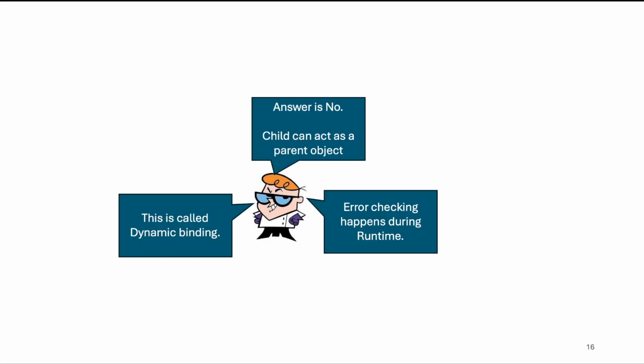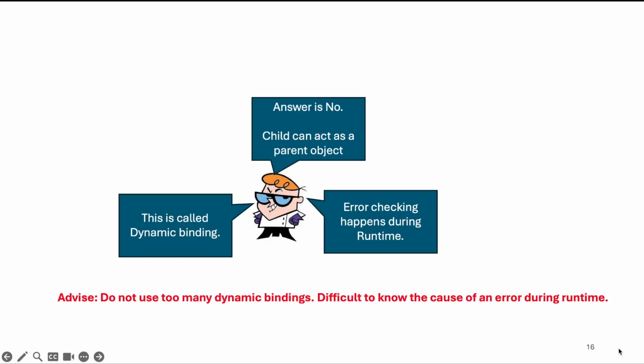Instead, dynamic binding happens at the runtime. One can see that dynamic binding looks so interesting to do, but we suggest not to use dynamic binding extensively in your code, because if errors happen during the runtime, it is very difficult to know the cause of that error.